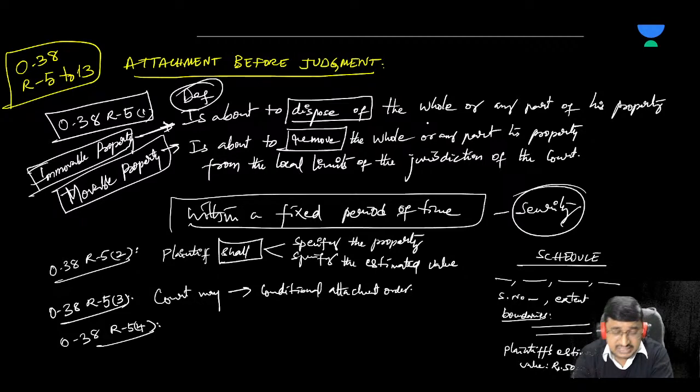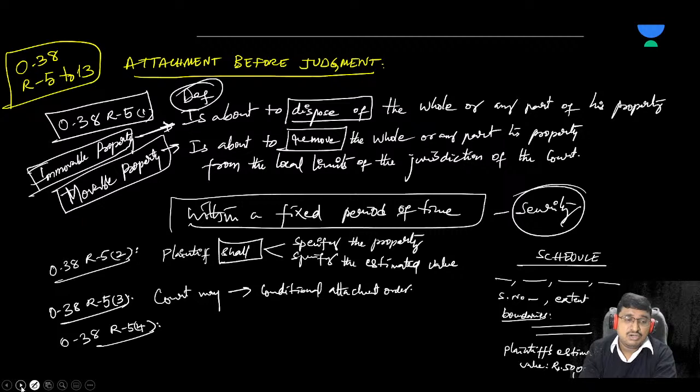Okay, this is about Order 38 Rule 5, friends. Order 38 Rule 6: attachment where cause not shown or security not furnished.